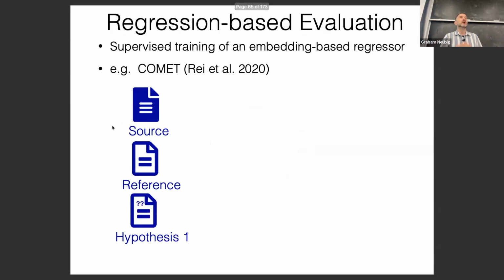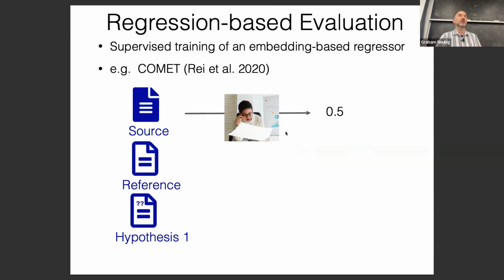The next one is regression-based evaluation. In regression-based evaluation, what it's trying to do is actually predict the value that the humans give. So if we have a human assessment of how good the output is, like a value of 0.5, then we have a model, called COMET, which is why I use the name here, that predicts it.